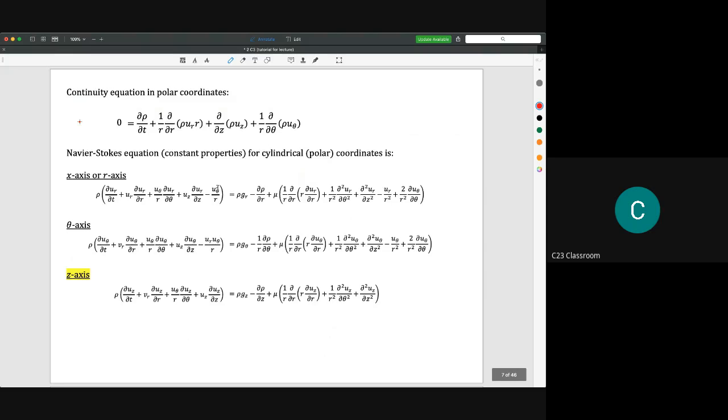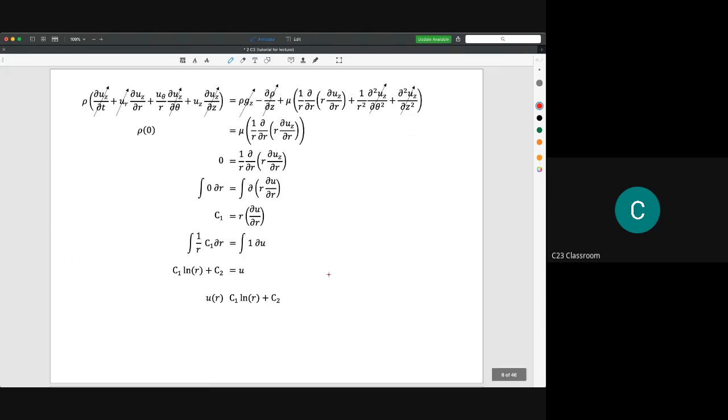Then we focus on the z-axis here, because the nature of the application is moving along the z-axis. The second step is, I hope you could understand each parameter in the Navier-Stokes equation and try to simplify your terms, because in the Navier-Stokes equation there are a lot of parameters.